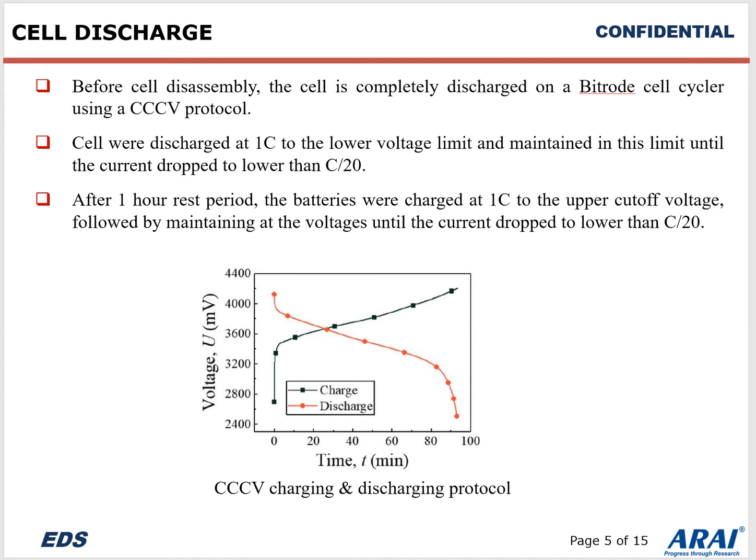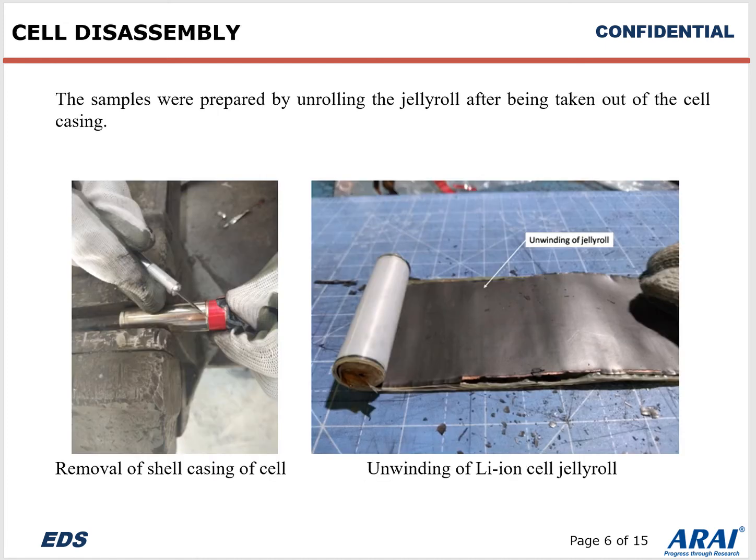After a 1 hour rest period, the batteries were charged at 1C to the cutoff voltage, followed by maintaining at that voltage until the current dropped lower than the minimum level. You can refer to this voltage versus time graph. After the charging and discharging protocol, we cut open the cell and then the cell was disassembled.